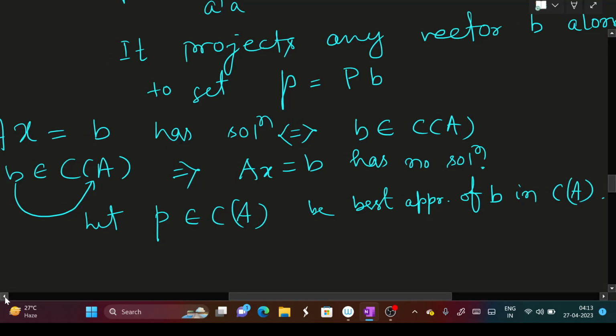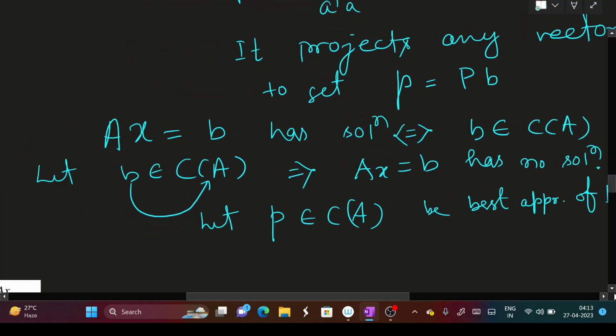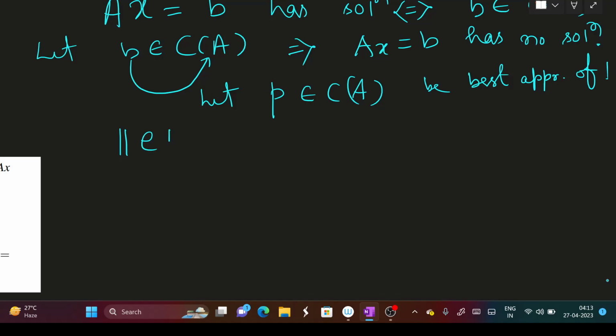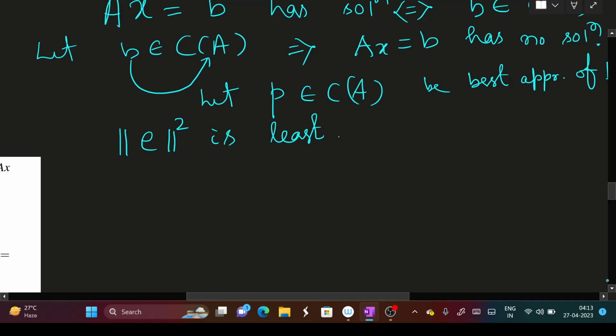So then what is possible? Best approximation means square of the error is least, that is E square is least. And when the error will be least, what is error?